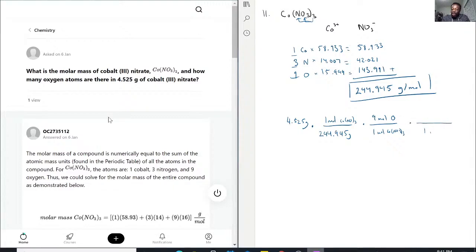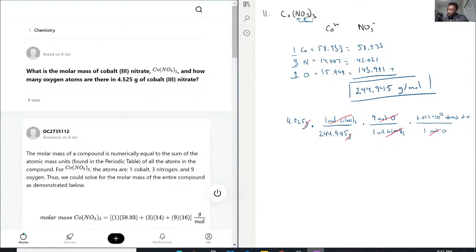For every 1 mole of any element, in this case oxygen, we have 6.022 times 10 to the 23rd atoms. So there's going to be a lot of crossing out just to make sure we end up with the right unit, atoms of O. So grams, moles of cobalt nitrate cancel out, moles of oxygen with moles of oxygen, and that's all we're left with, atoms of oxygen.